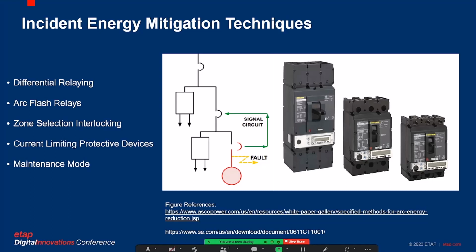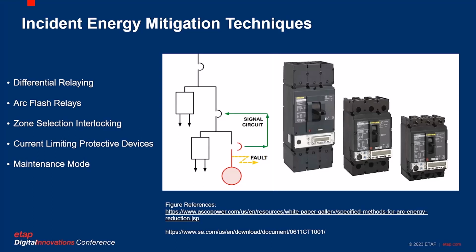So what this basically does is it allows two goals to be achieved. One, we maintain selectivity because we're not triggering a protective device to be significantly faster than those that are downstream or upstream from the protective device. And in addition to that, we're also engaging a faster trip curve, helping us reduce that clearing time for the arcing fault.